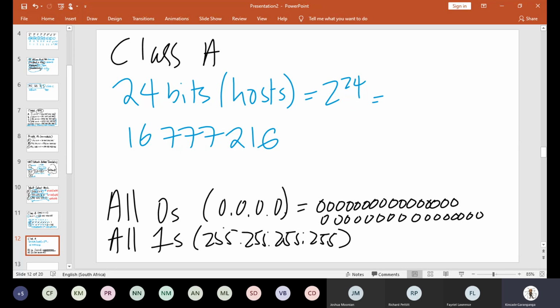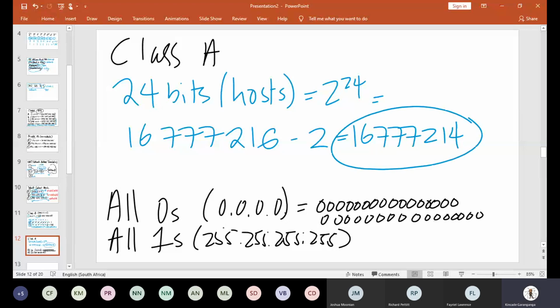So ultimately, this particular number goes from 16,777,216. Now, because of the 2 that we can't use, minus the 2, the total number of hosts that we can get for Class A becomes 16,777,214.